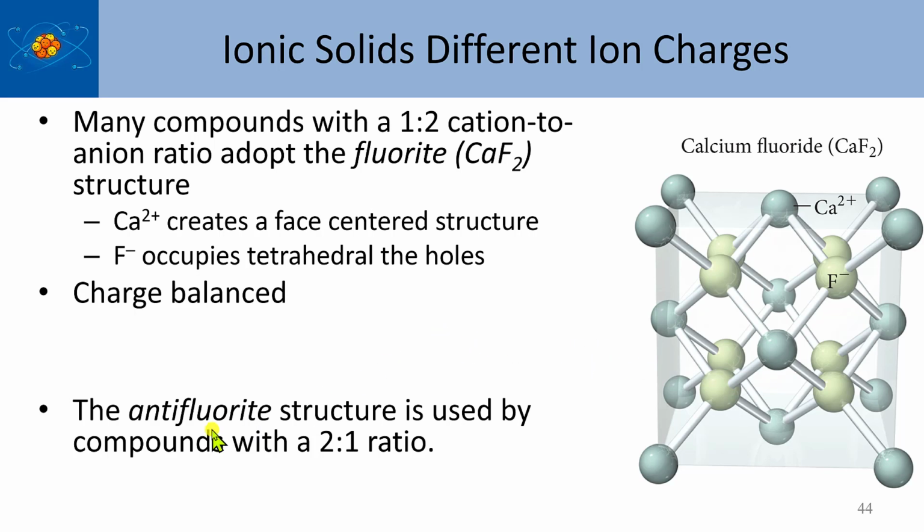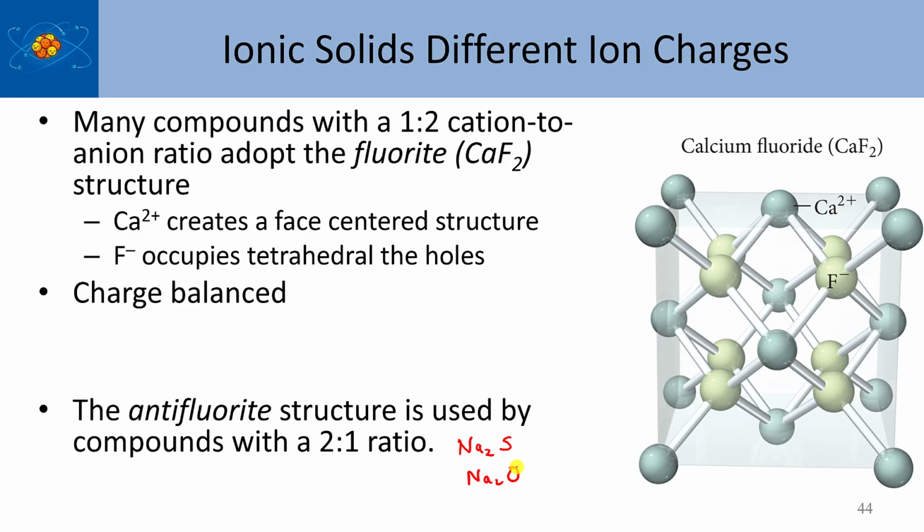There is also a structure called antifluorite, and antifluorite would simply be when you have 2 cations and 1 anion present in the unit cell. A compound that you might expect to have the antifluorite structure would be something like sodium sulfide or even sodium oxide, given the 2-to-1 cation to anion ratio.